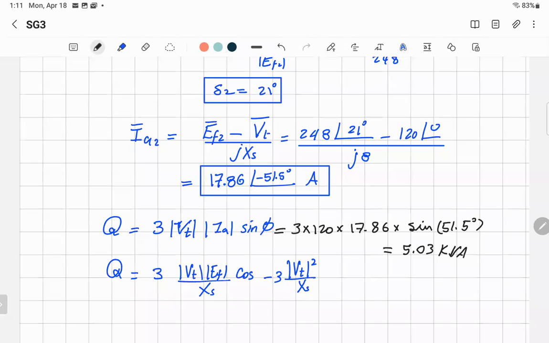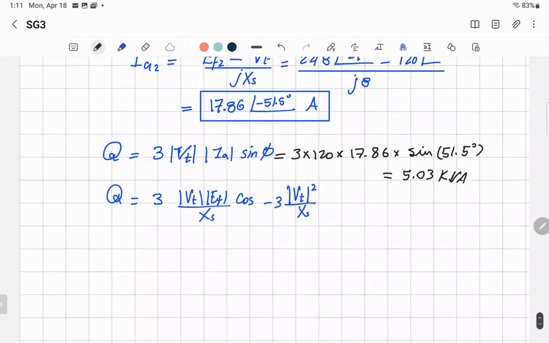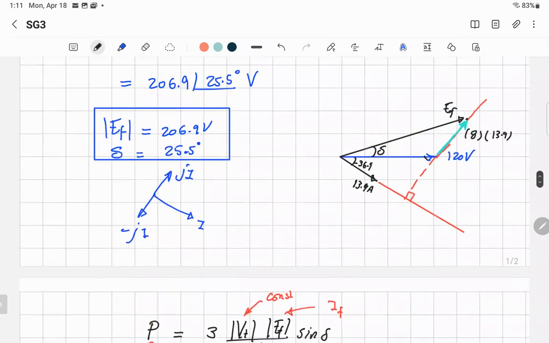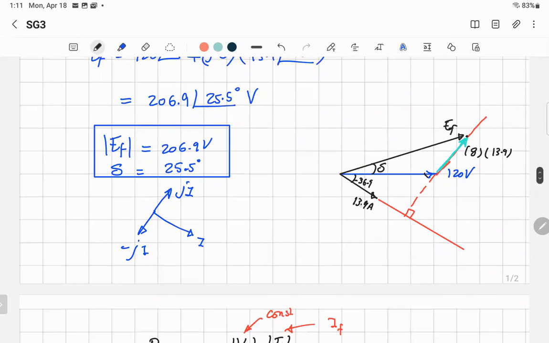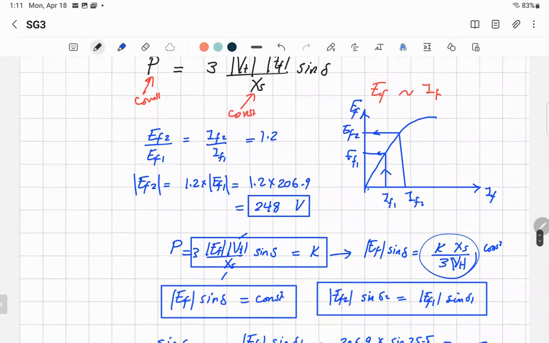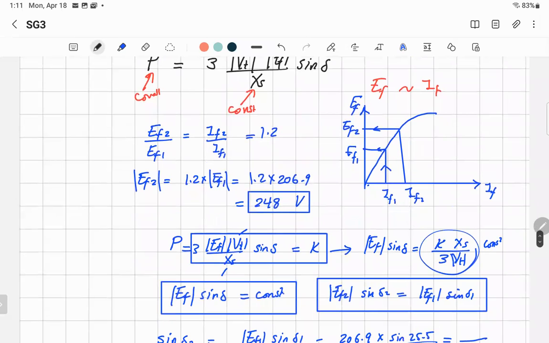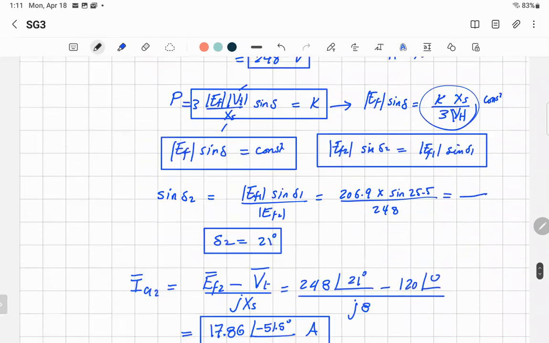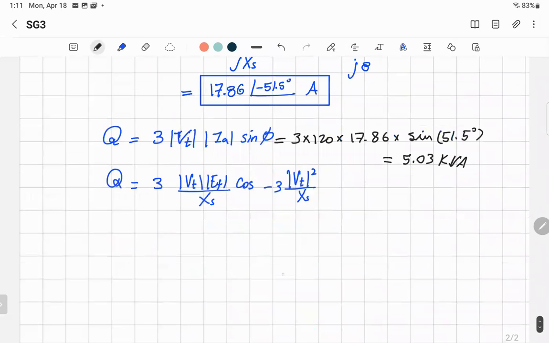So let's make the phasor diagram. I mean, you understand the phasor diagram for the first case, right? The current was lagging the terminal voltage, and you got the EF and this delta and everything. Now let's do this new thing, the new voltage. I'm done, right? Just one minute. That's the voltage. That's the last thing, and we're done.